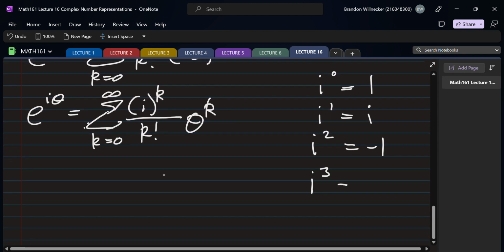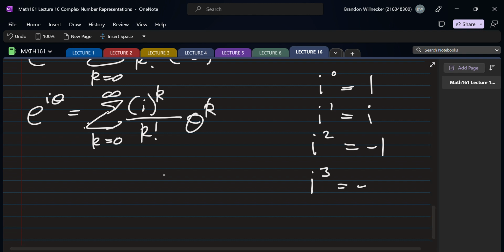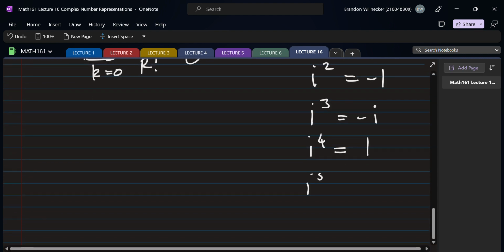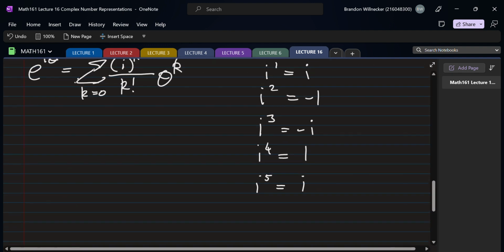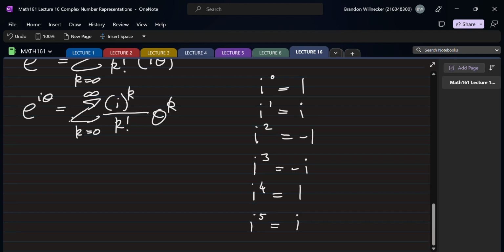Then i cubed, we can just multiply the previous result by i, and we get minus i. i to the 4, we can just multiply the previous result by i, and we get plus 1. And then i to the 5, we can multiply the previous result by i, and we get i. Okay, so that's enough terms to see a pattern here.